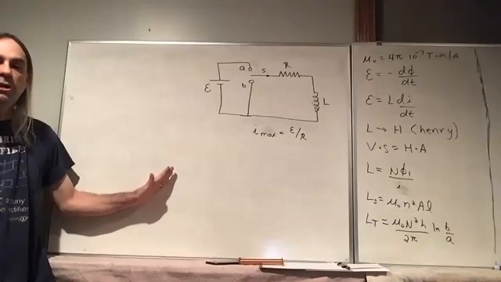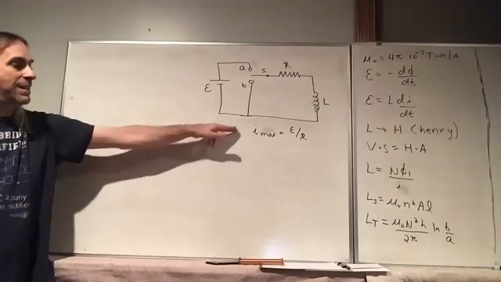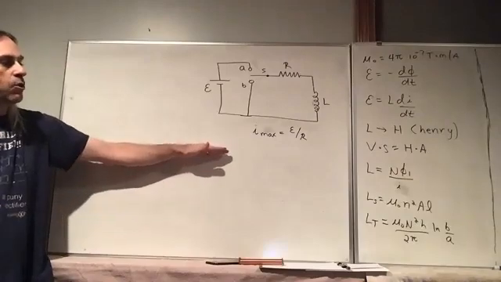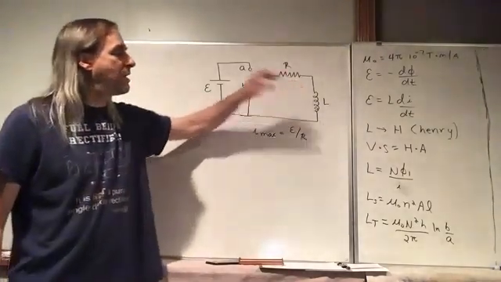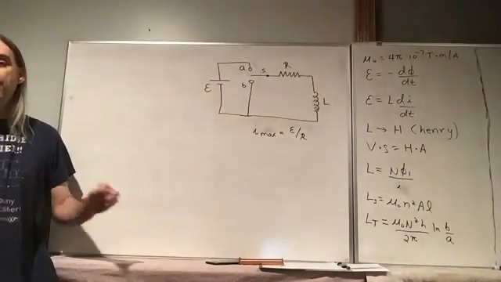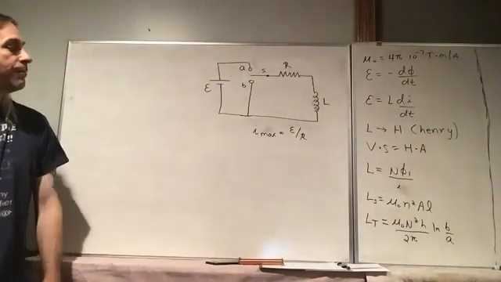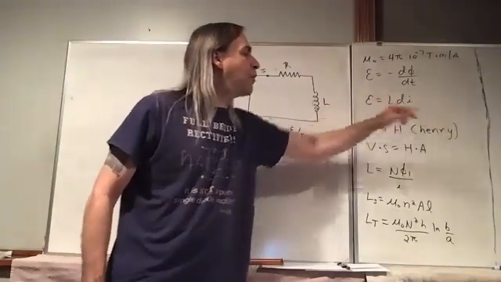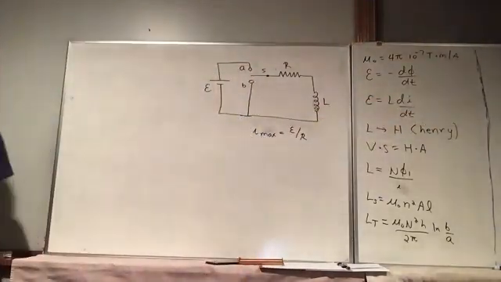I mean, the current is going to grow, but it has to stop at this value. It's going to be slowing down. And as it slows down, the voltage across this inductor is going to decrease. Because remember, the voltage across the inductor is related to how quickly the current is changing.